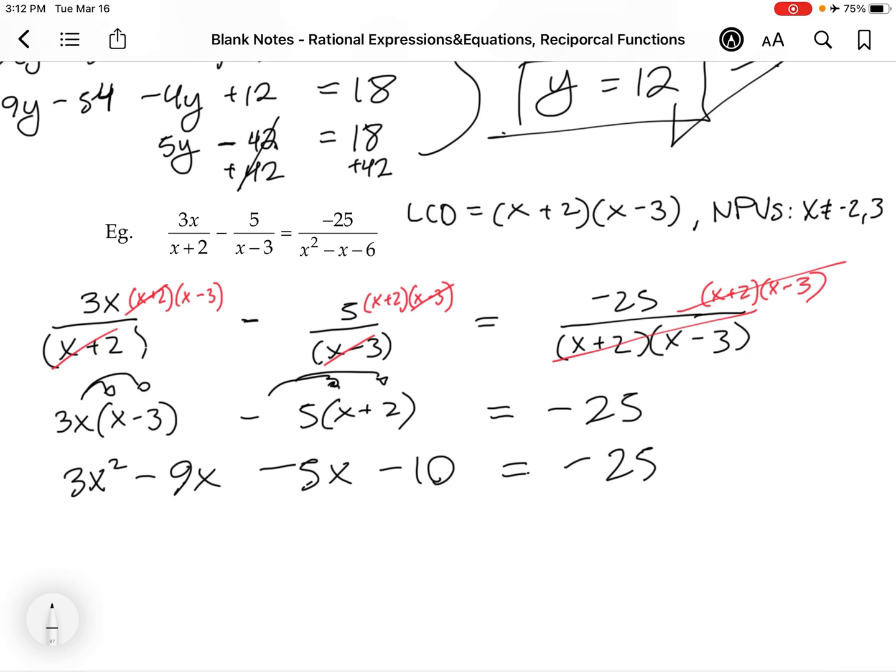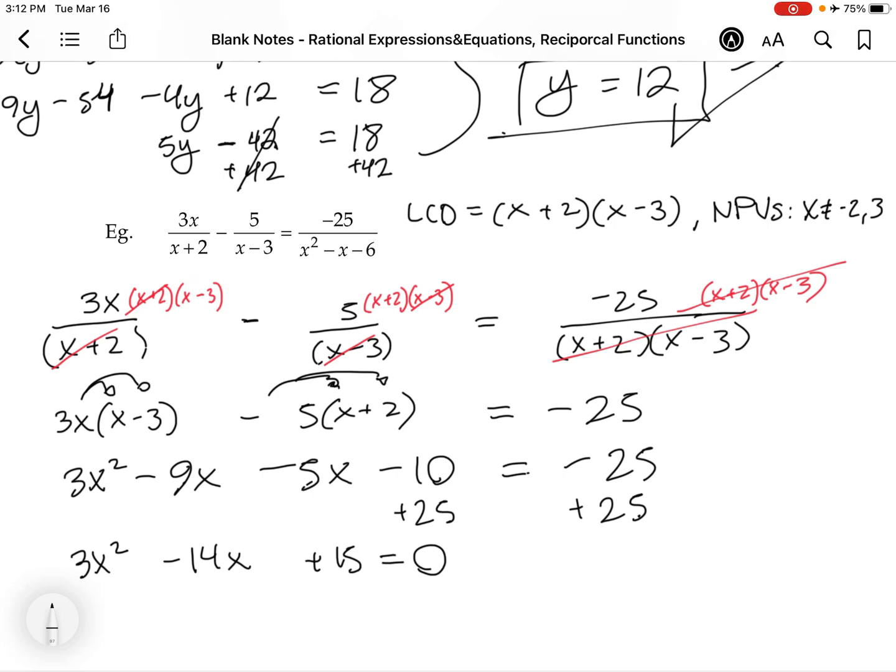Okay. And it looks like this is quadratic. So I'm going to bring everything to one side. Okay, so equate one side to 0. Okay, so here I have 3x squared, and then negative 9 minus 5 is minus 14x. Negative 10 plus 25 is plus 15 equals 0.